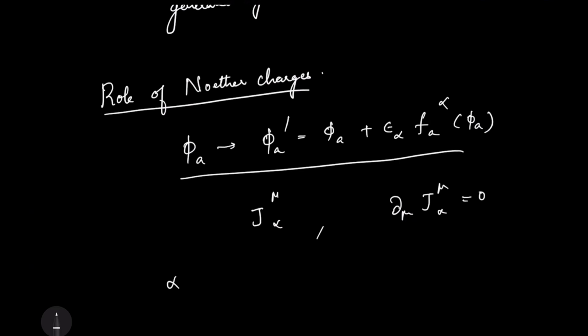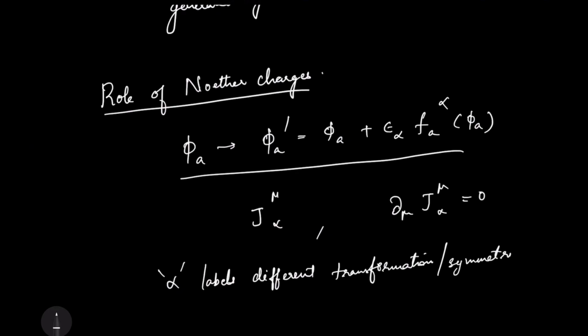Here alpha labels different transformations or symmetries. For example, alpha equal to 1 may be a translational transformation, 2 can be a Lorentz transformation. So alpha labels all those different transformations or symmetries, and a labels the different fields.